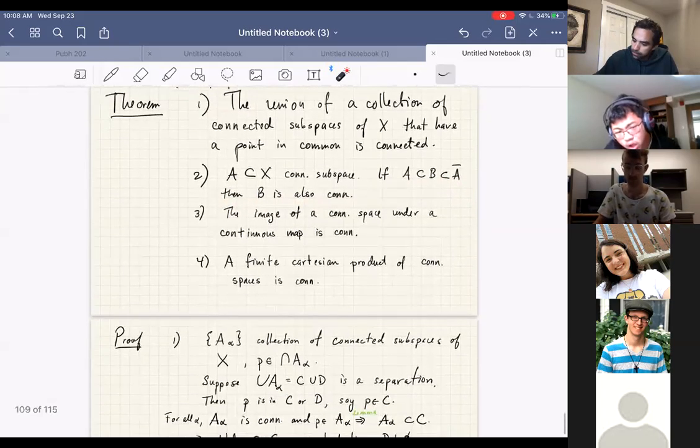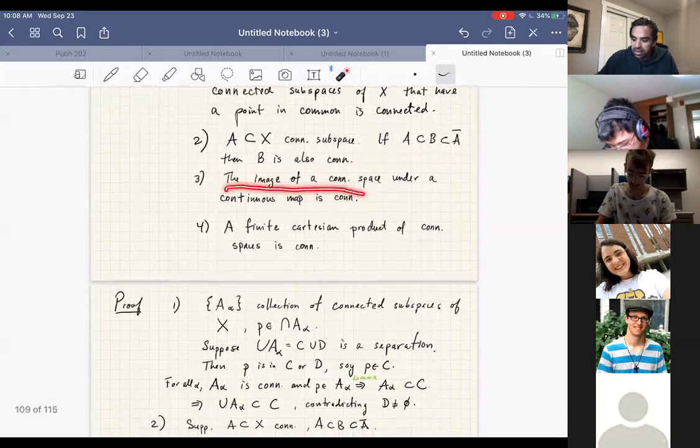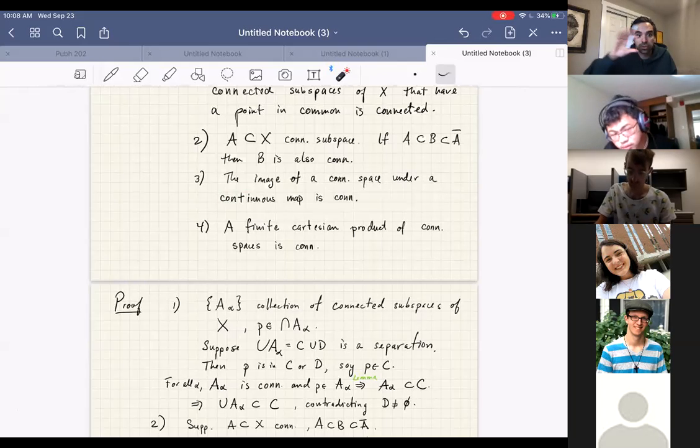Okay. Now, the image of a connected space under a continuous map is connected. So you cannot disconnect spaces by applying a continuous map. Is it like the inverse image of connected? No. Okay. Can you give an example, or can someone give an example? We've seen a bunch of examples in the previous section.